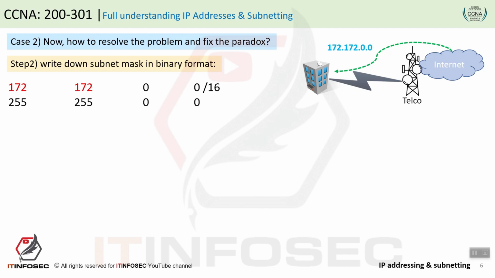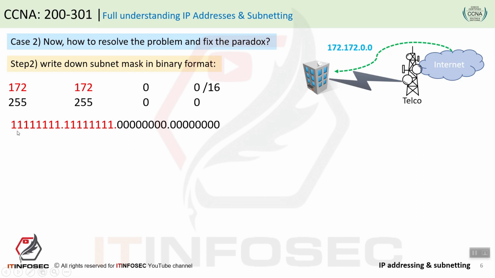Well, we had 172.172.0.0. This was our IP address, with the default subnet mask of class B, which is 255.255.0.0. If we write down this subnet mask in binary format, in base 2, it will be 16 bits that have value 1.